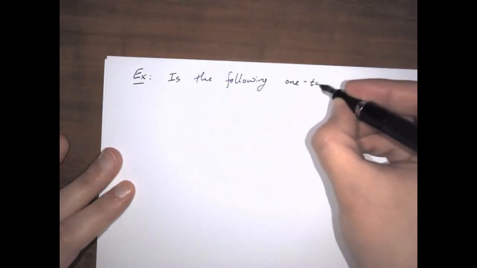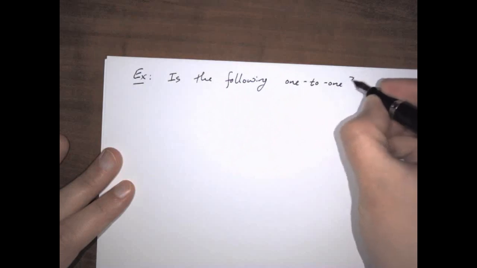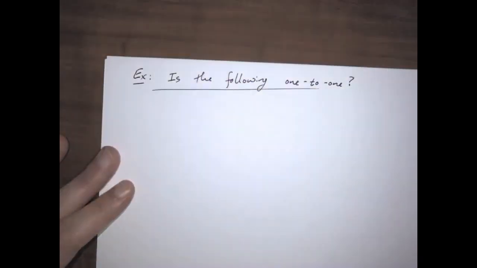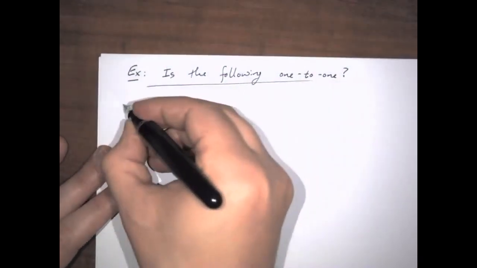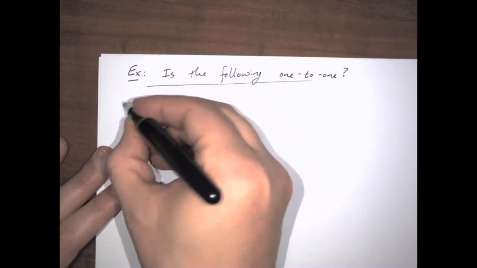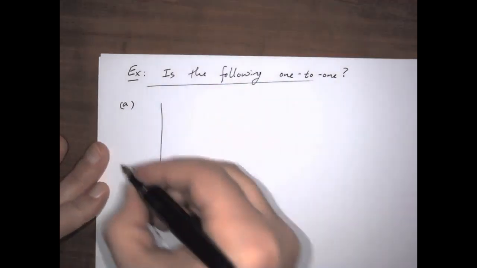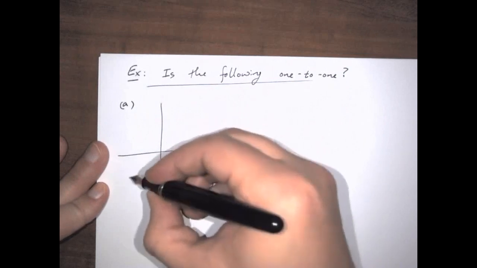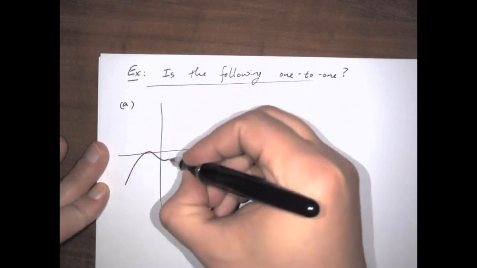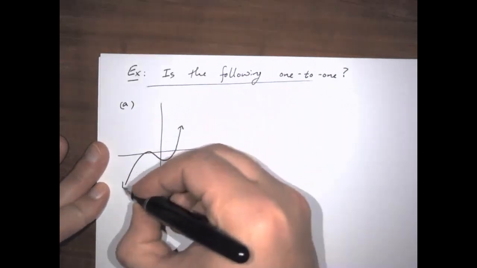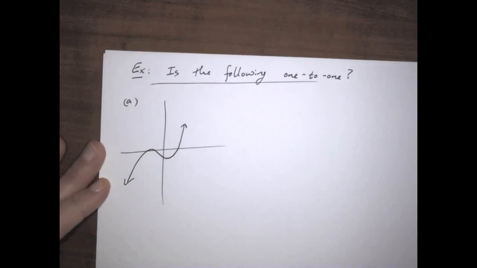One to one. All right, and as an example here, example A, is this going to be 1 to 1? So we're going to have a graph that goes like so. So it swoops down, swoops up.